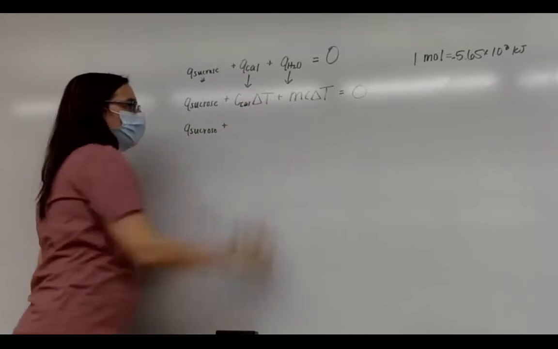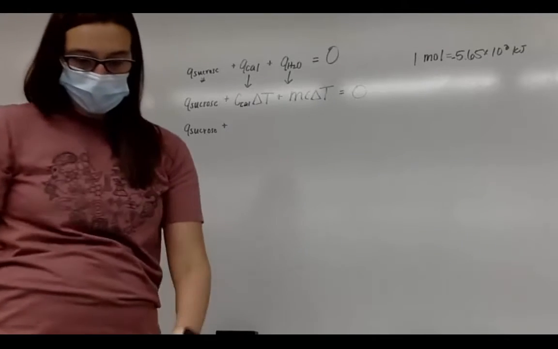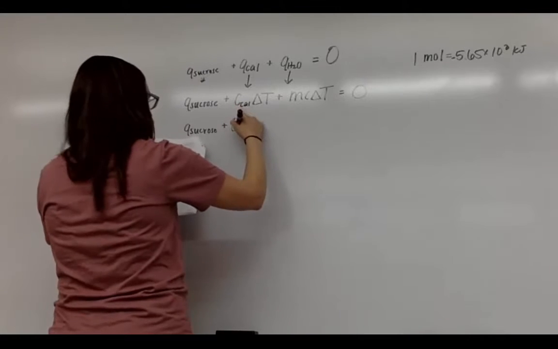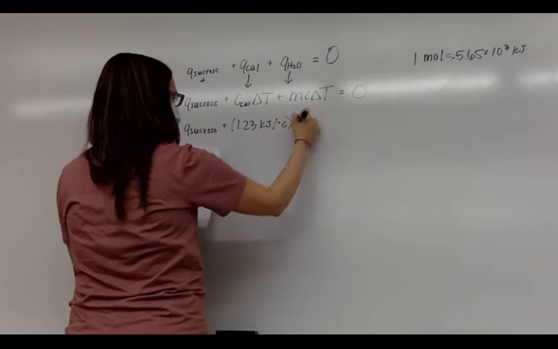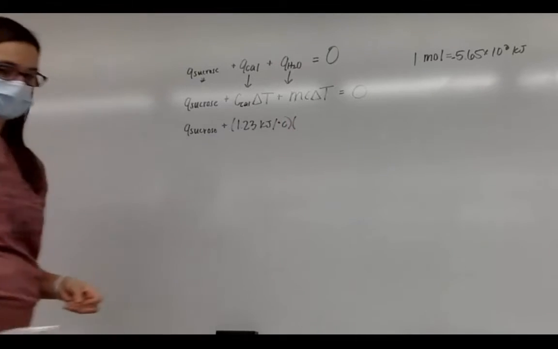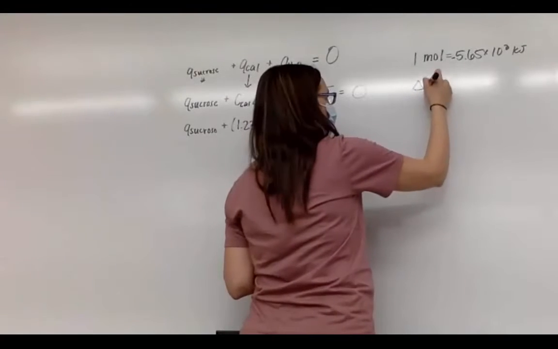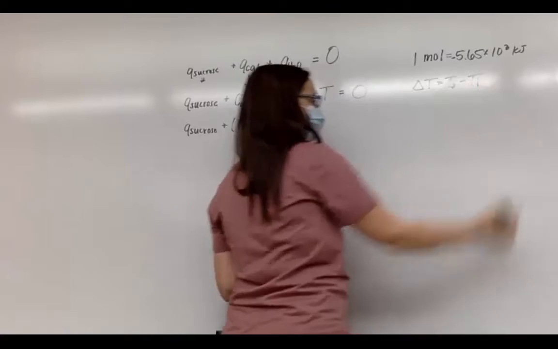Now I'm going to plug in numbers. Ccal, that's the calorimeter constant. It tells us that the calorimeter constant is 1.23 kilojoules per degree Celsius. Delta T is always final minus initial.